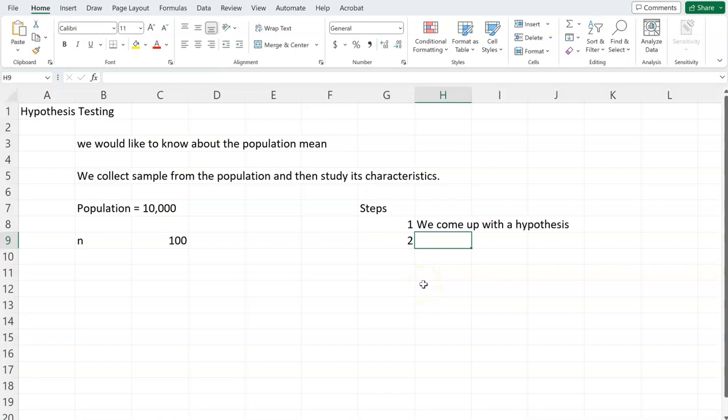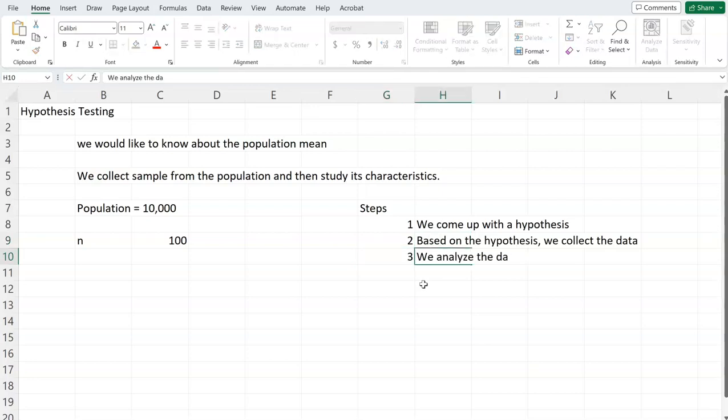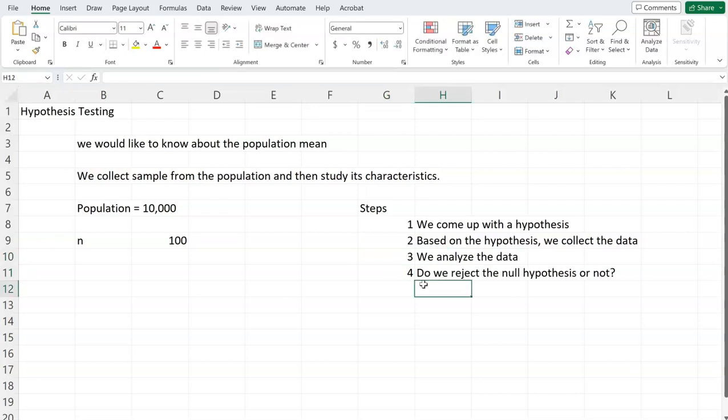The second step is, based on the hypothesis, we collect the data. And then based on our analysis, we will see, in a bit, what we mean by this statement: do we reject the null hypothesis or not?